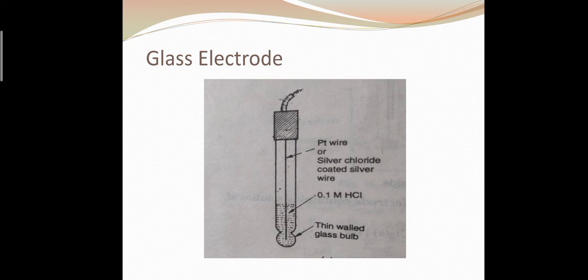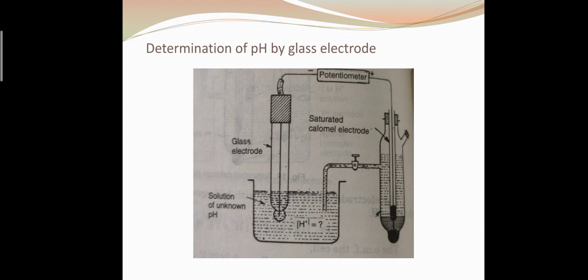Now, we will make the connections for the determination of the pH using the glass electrode. Now, this is the diagram. This one is the glass electrode on the left hand side, dipped into a solution of unknown pH. The glass electrode is further connected to the potentiometer, and the other end of the potentiometer is connected to the saturated calomel electrode.